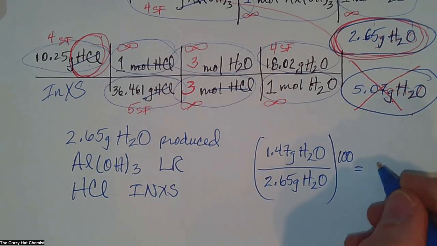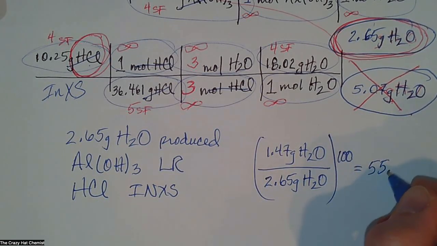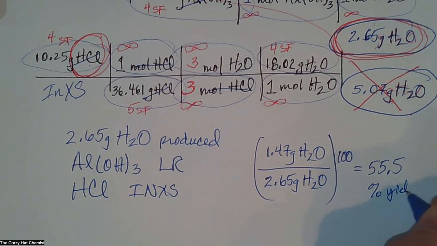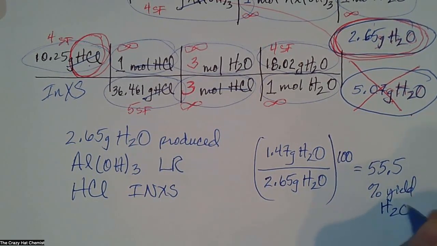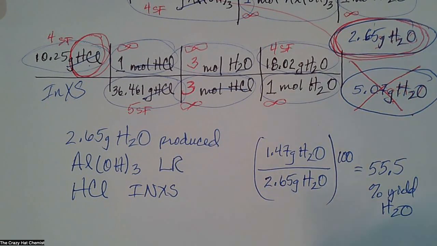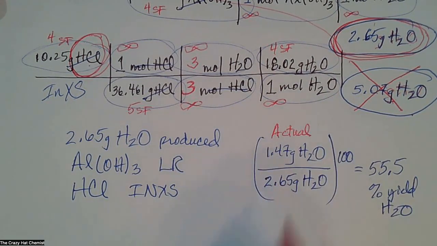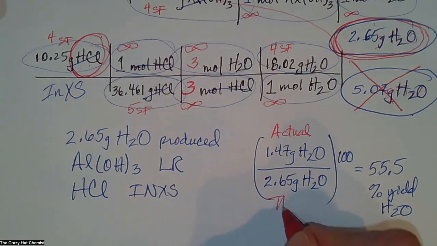My percentage is going to be 55.5% yield of water. Now, I want to make sure something is clear here. I'm going to take the actual, this value is given, divided by the theoretical.